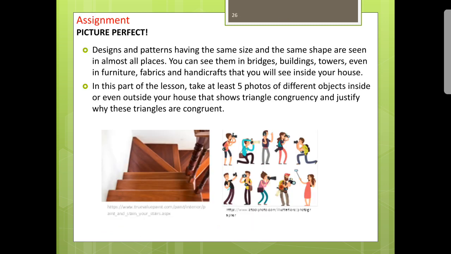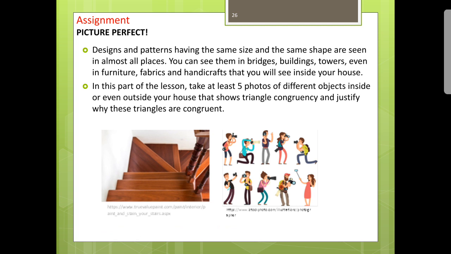For your assignment, picture perfect designs and patterns having the same size and the same shape are seen in almost all places. You can see them in bridges, buildings, towers, even in furniture, fabrics, and handicrafts that you will see inside your home or house.